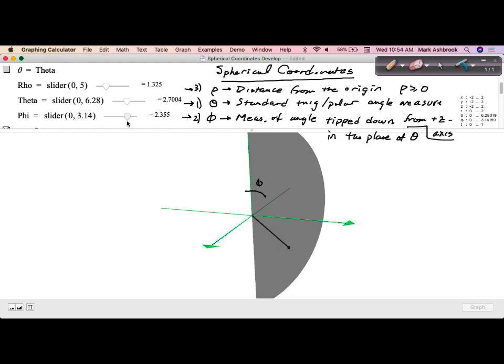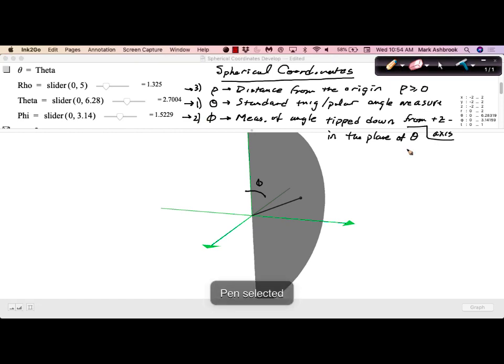Phi equals pi is the negative z-axis. And the angles in between are always in the plane of theta, wherever theta is pointing. Okay? So the possible values for phi are 0 less than or equal to phi less than or equal to pi. No negative angles with phi, and nothing greater than pi.